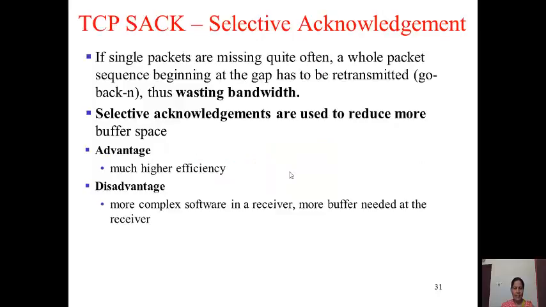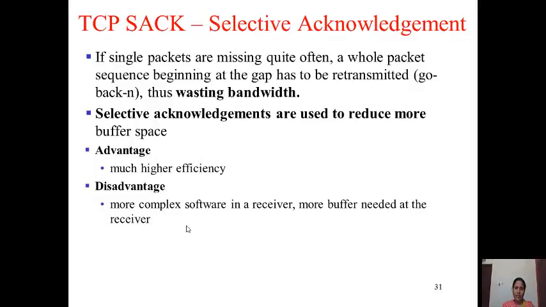Right? And next is the selective acknowledgement. It is TCP that tries to use a selective acknowledgement. See, if even a single packet is missing, we go ahead and send the whole sequence of packets beginning at the gap, and this ends up wasting a lot of bandwidth. Right? So what they did is they went in for having only a selective acknowledgement, and this reduced the buffer space, and the efficiency has become very high.